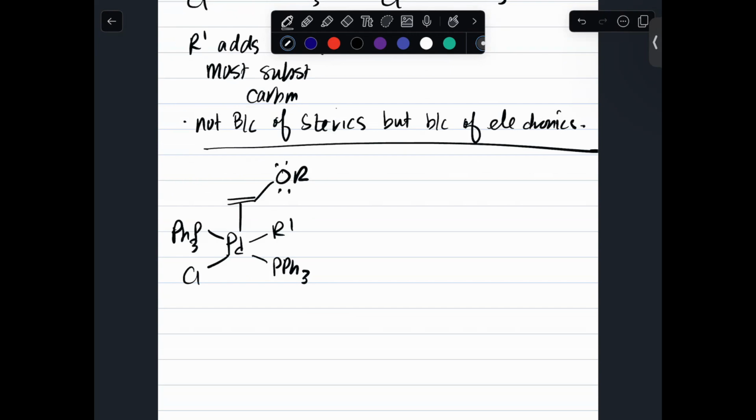Please notice, I'm going to draw this in red, that you can donate your electrons into that carbon so that you can form a bond between the palladium and the least substituted carbon.